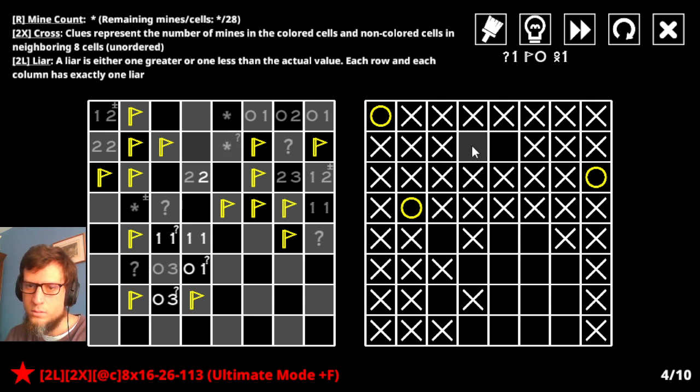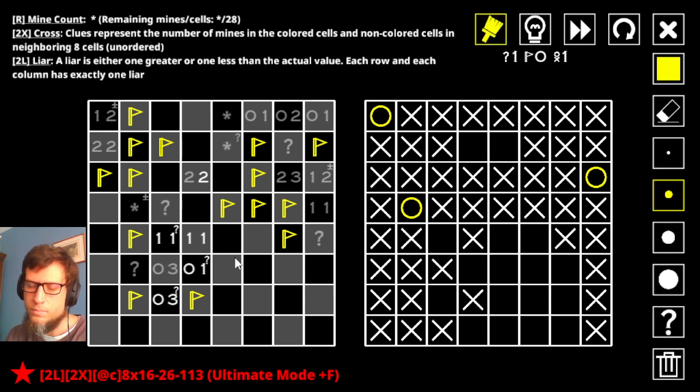Ah, this square. Okay, that's... No, I don't think that can really tell me anything, can it? Okay.